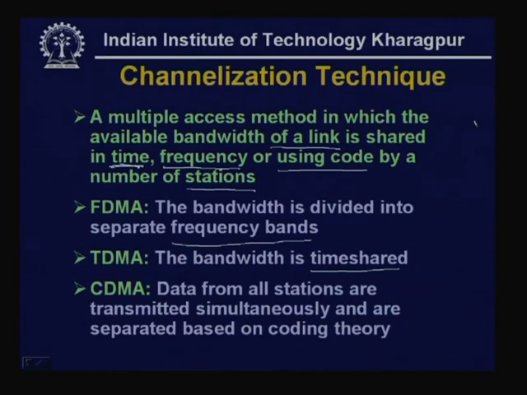On the other hand, in CDMA, the data from all stations are transmitted simultaneously and are separated based on coding theory. So, here it is neither frequency shared nor time shared, but based on coding theory. All are transmitting simultaneously in terms of frequency and time, and are separated by using coding theory.